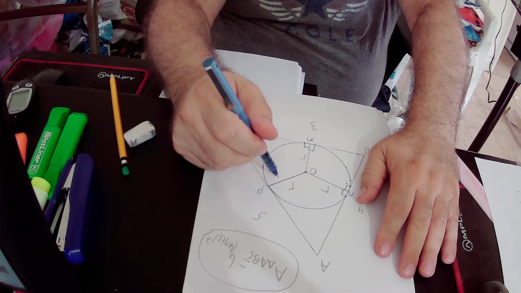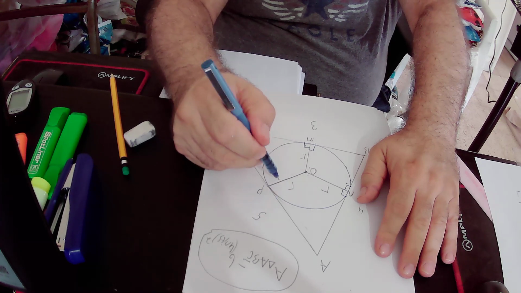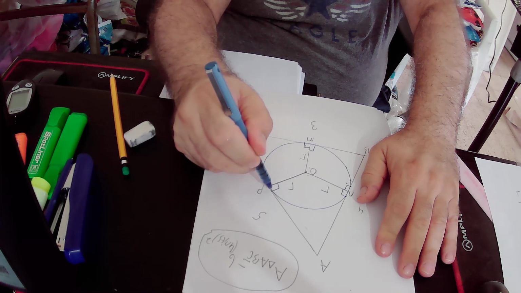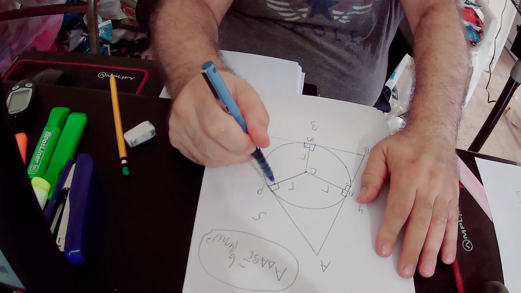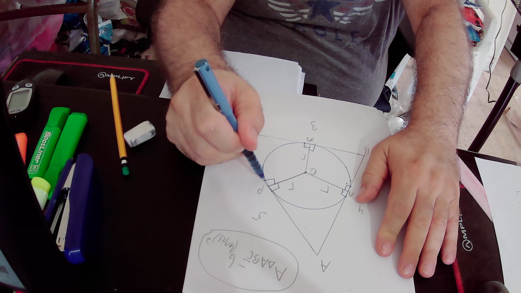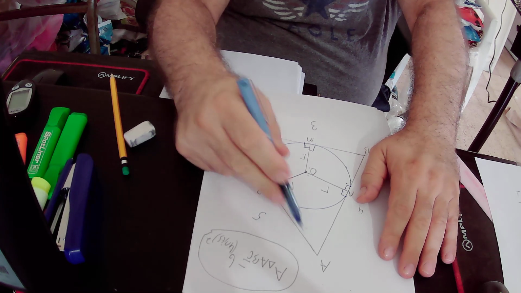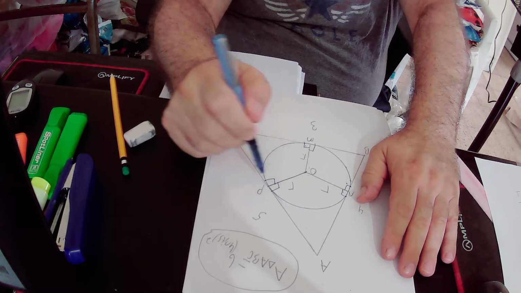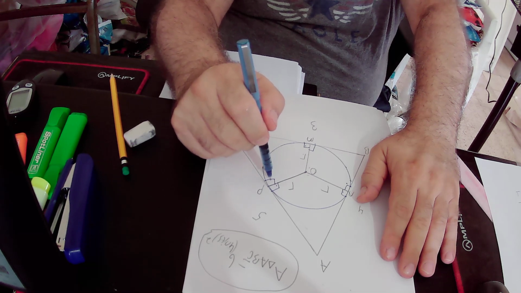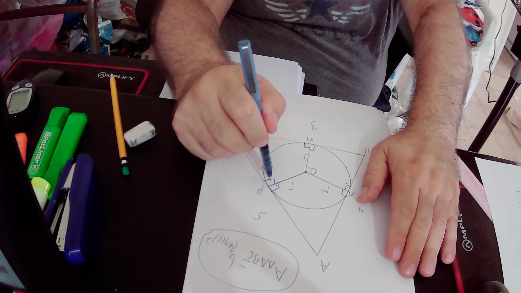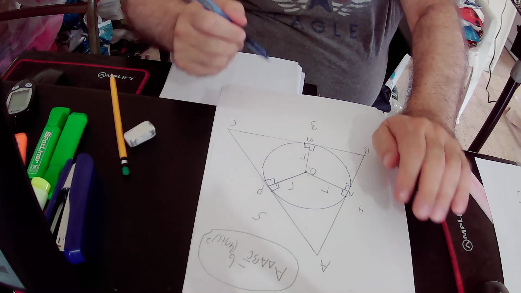So angle OPA equals 90 degrees, and angle OPC also equals 90 degrees, because in any circle a radius and the tangent to that radius are perpendicular to each other. That is to say, this angle is 90 degrees and this angle also equals 90 degrees. Okay?